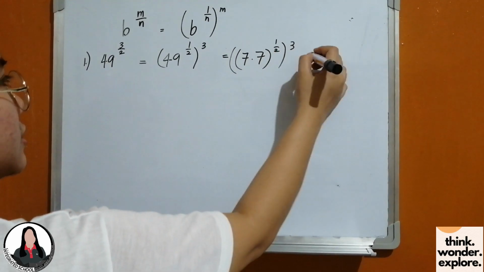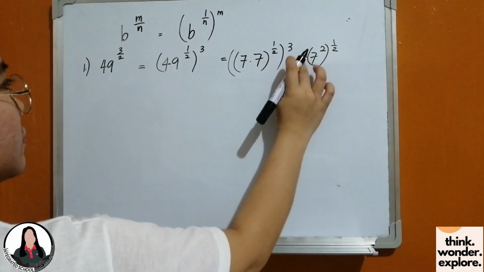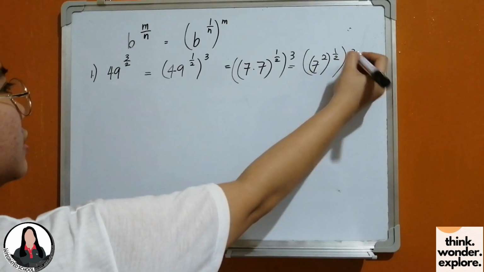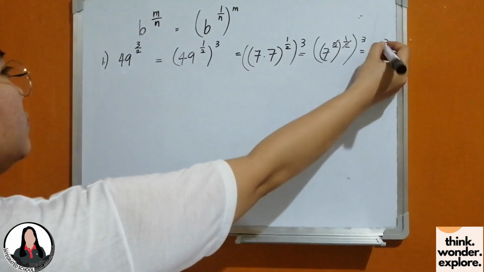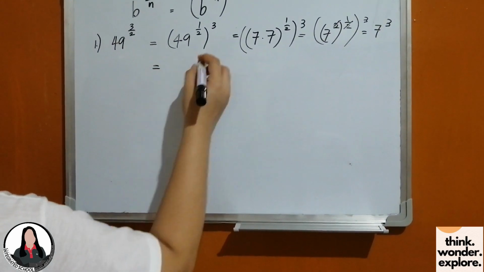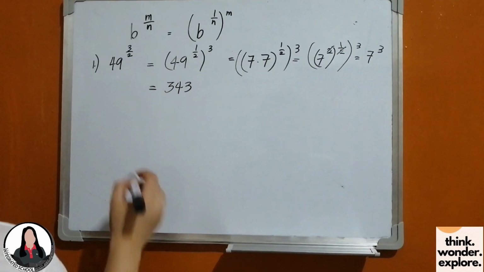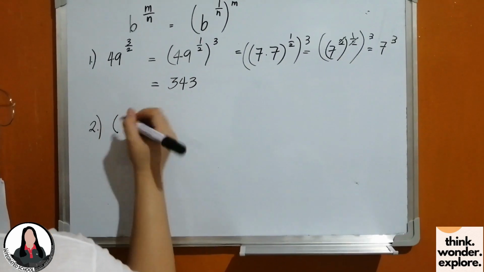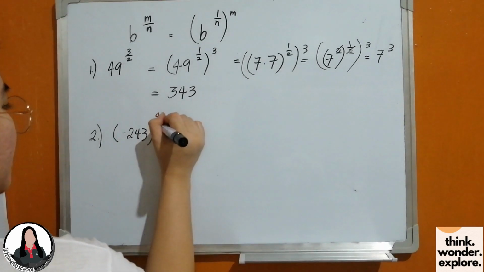So simply this is 7 squared raised to 1/2, raised to 3. Therefore, this will become 7 cubed. So this is equivalent to 343.